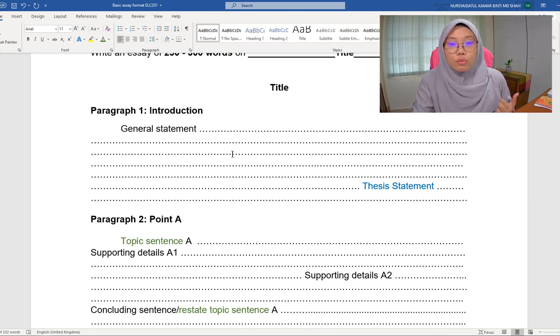If you estimate about 60 words per line, then in one paragraph you should have about 10 lines, something like that. But with a lot of practice, we can actually write a good essay within the given time limit.